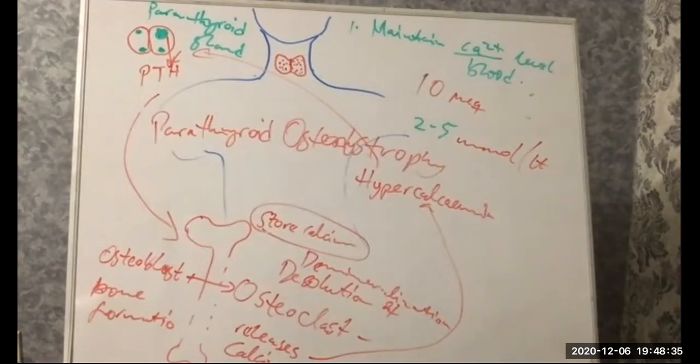So let's read the question again and answer it. And the type of bone problem is called parathyroid osteodystrophy. Please, the question.